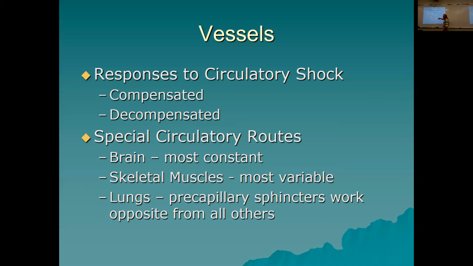Okay, finally, special circulatory routes. And it has to do with the most constant blood flow and most variable blood flow. The brain has the most constant blood flow of anybody. It gets its fair share no matter what. It gets a little bit more for exercising, but not that much more.